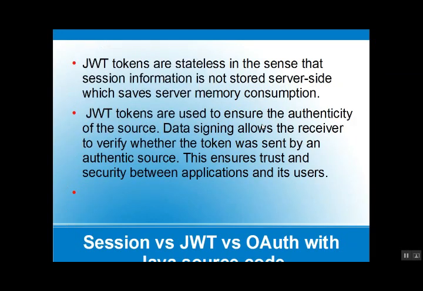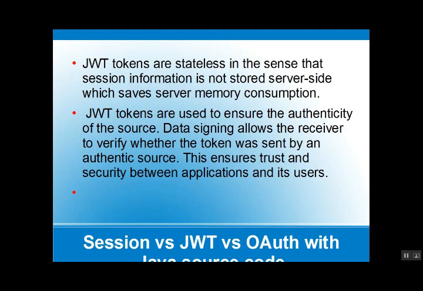As we discussed, JSON web tokens are stateless in the sense that session information is not stored on the server side, which saves server memory and consumption. We have already discussed this point. Number two, JSON web tokens are used to ensure the authenticity of the source. Data signing allows the receiver to verify whether the token was sent by an authentic source. This ensures trust and security between the application and its user.